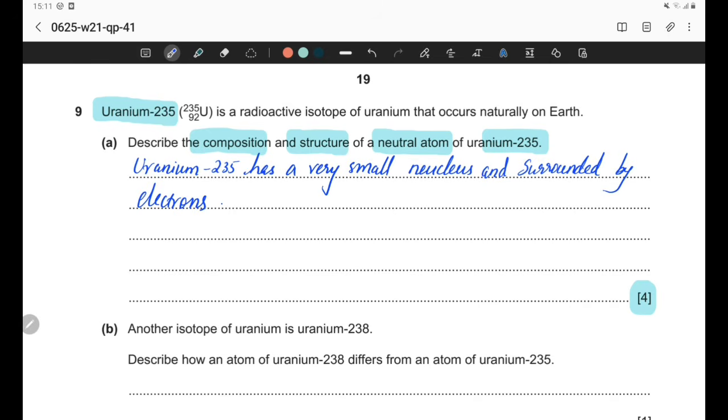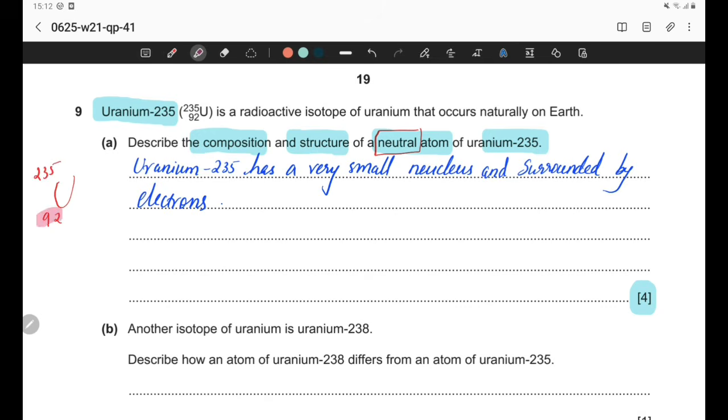Next, we can write about the number of protons and neutrons. As it is a neutral atom, the number of electrons and protons will be the same. Let's look at the number of protons in this atom. We are provided with uranium, 92 and 235.